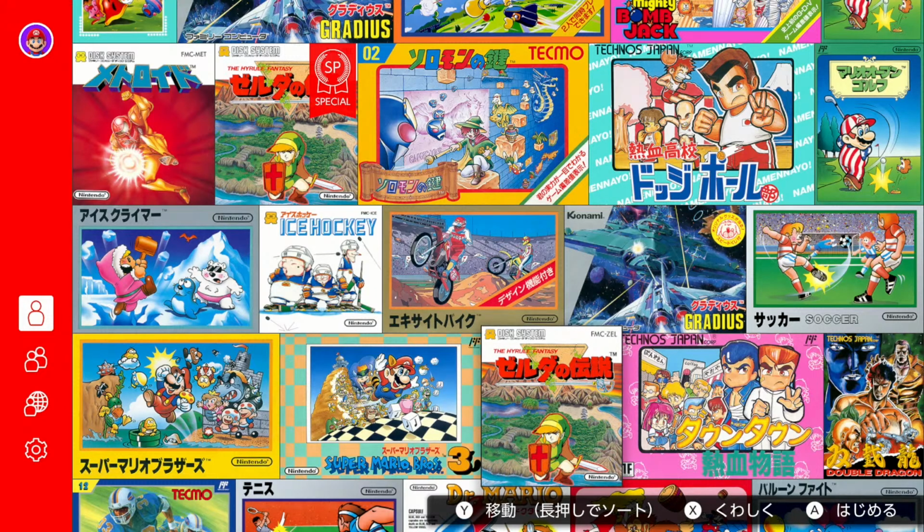And so yes, let's start this introduction to kanji.